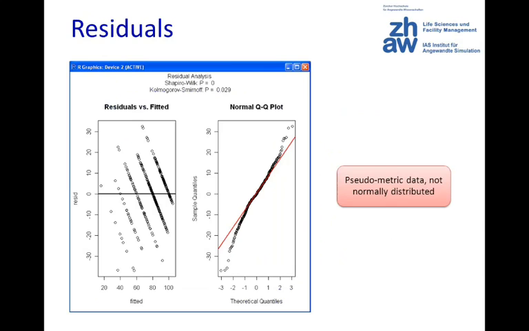What you can do is look at the residuals. This is always a one-dimensional thing, and in the case of this data set here, you see that you do not have the normality assumption fulfilled. That is due to a non-metric variable.